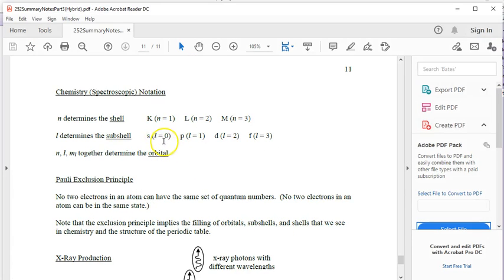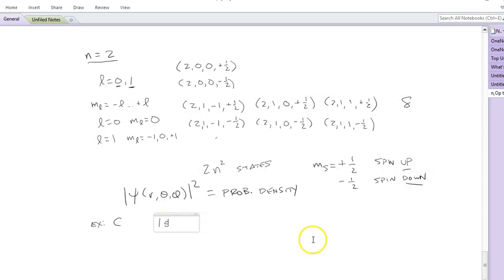So how many electrons can you get in this subshell? Well, let's see. What are the possible states in terms of quantum numbers for n equals 1 and l equals 0? If n is 1 and l is 0, the only value for m sub l is 0.